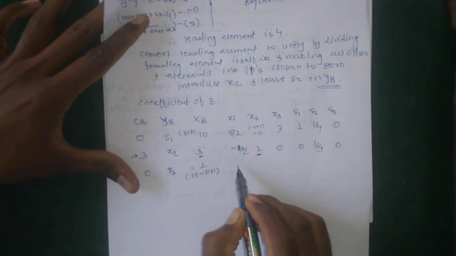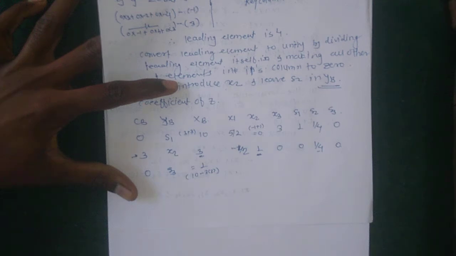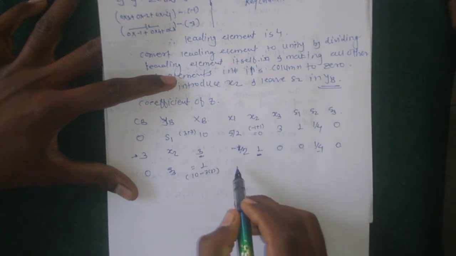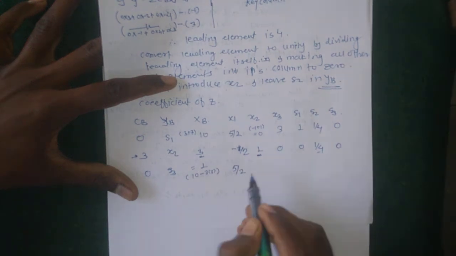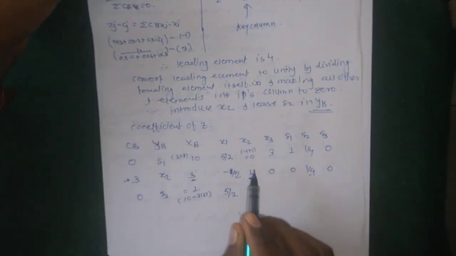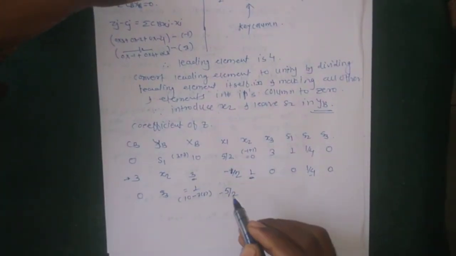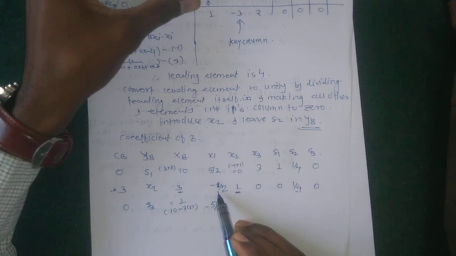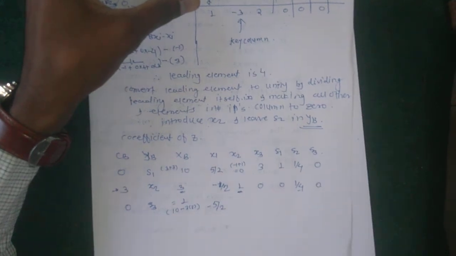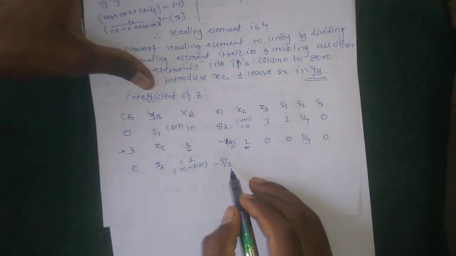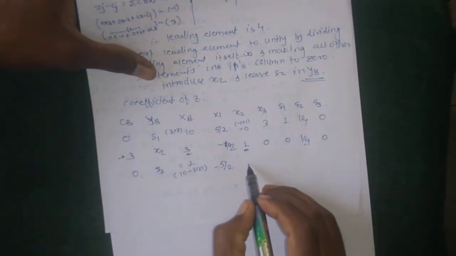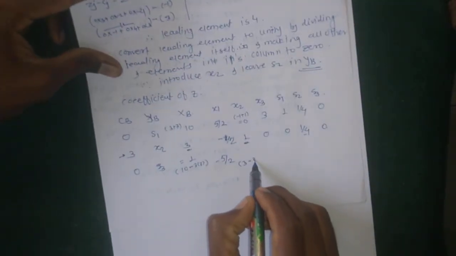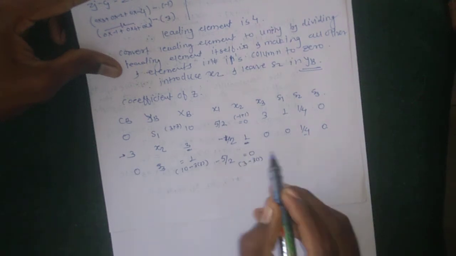Then for the second column, minus 4 plus 3 by 2, we get minus 8 plus 3, minus 5 by 2. Then 3 minus 3 into 1, we get the value 0.